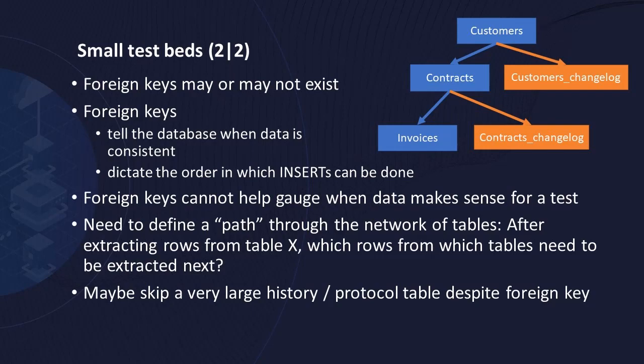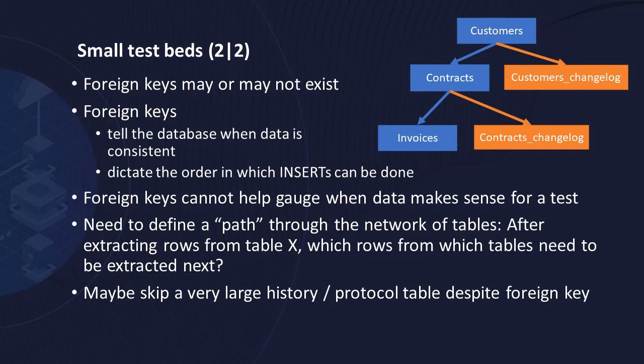But at the same time, our application also keeps track of when details of an existing contract change. So we have another table, let's call it contracts changelog. And every row in that table has a timestamp, a contract number, and information about what exactly was changed and who changed it. It allows us to keep track of the history of a contract.